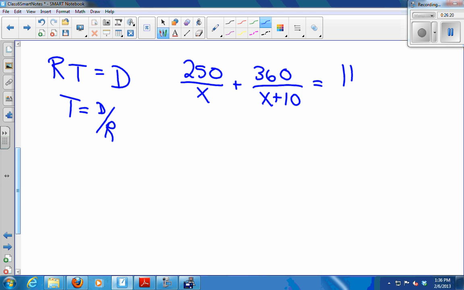I'm going to use the fact that if I multiply 250 over x by x, the top and the bottom would cancel. The x's would just cancel. 250 divided by x times x would just give me 250. So I would love to multiply that fraction by x, and luckily I'm allowed to multiply by anything I want as long as I do it to both sides of the equation. So I'm going to multiply both sides by x.